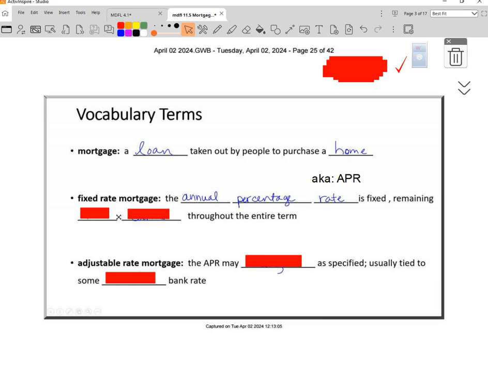On the fixed-rate mortgage, it remains the same throughout the entire term of the loan. And we said the adjustable-rate mortgage, on that loan, the APR may change as specified in that contract that you signed for your loan. And it's usually tied to some variable bank rate or some other financial instrument or measure that the bank and you have agreed on.